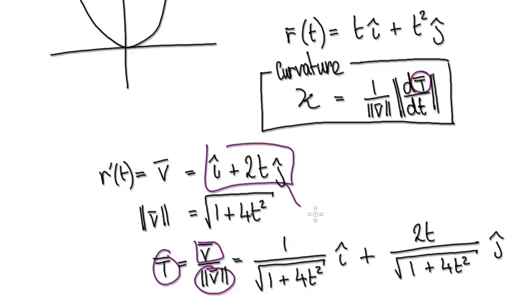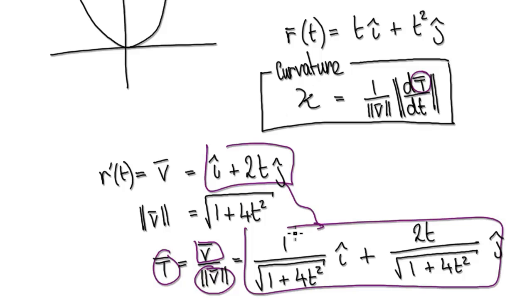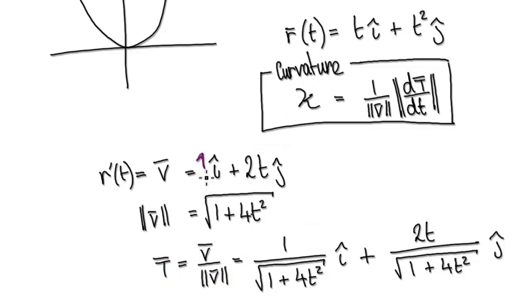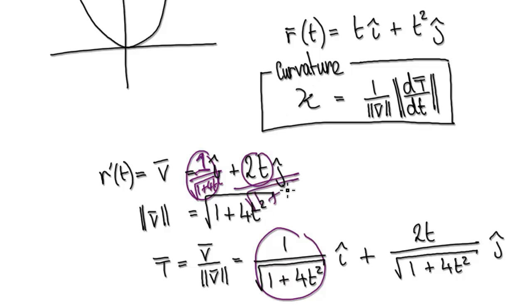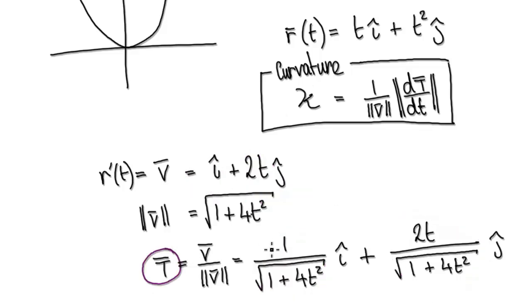So this thing divided by its magnitude would be this thing here, and then this thing divided by its magnitude, square root of 1 plus 4t squared, will give you this thing here. So our unit tangent is given by this.